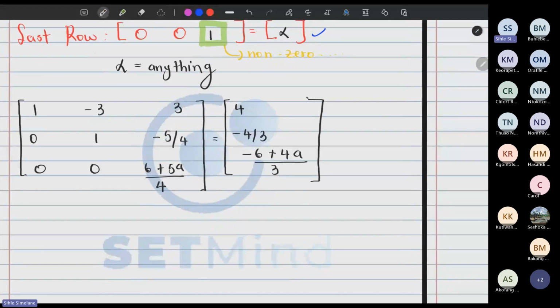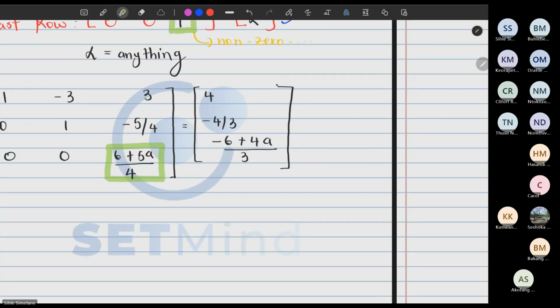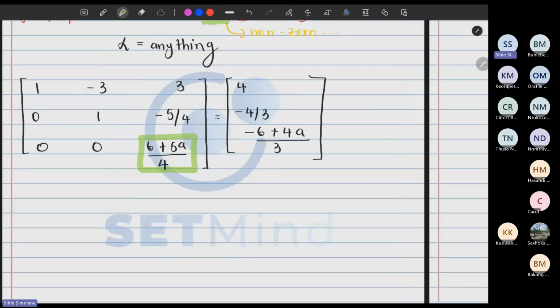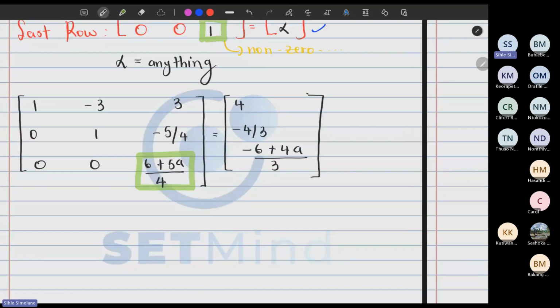So if you look carefully, what we can easily do here is to make this equal to 1. Then when it is equal to 1, we will have a unique solution. In fact, it can be any number. So let's take that and equate it to 1.